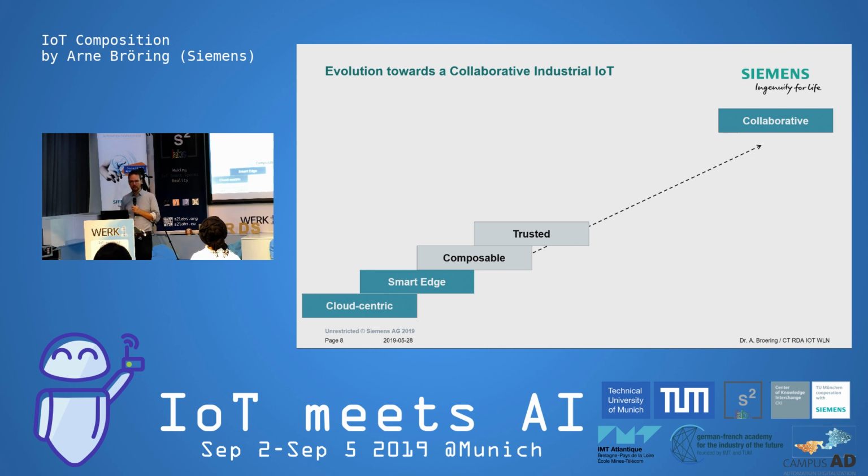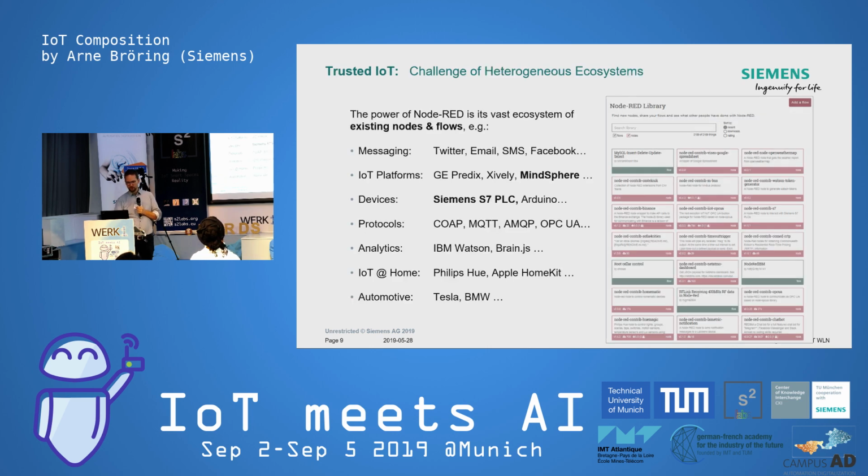Once you have that, and especially when you base it on an open ecosystem like Node-RED, what you need to establish is trust. And this is also one building block here on our evolution, trusted IoT.